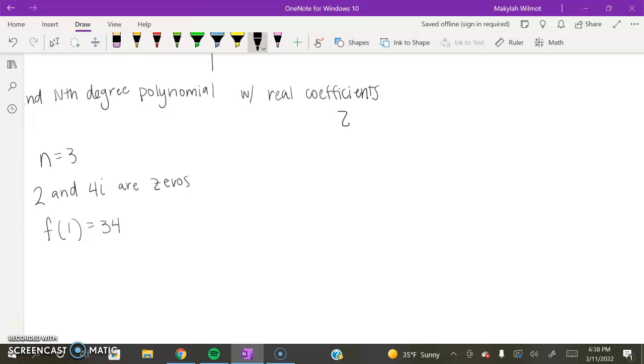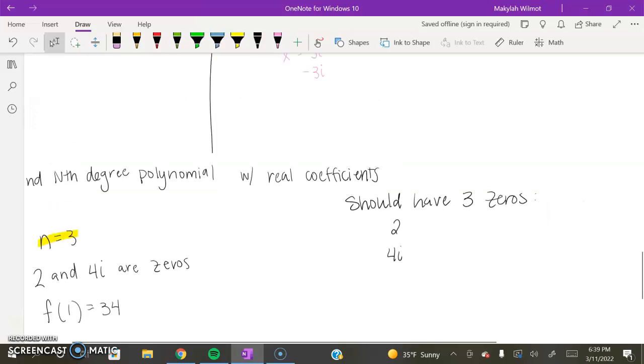So our zeros that we know, okay. We know that we should have 3 zeros because n equals 3. So our first one, well, we're not gonna annotate it that way. But we have 2. We have 4i.